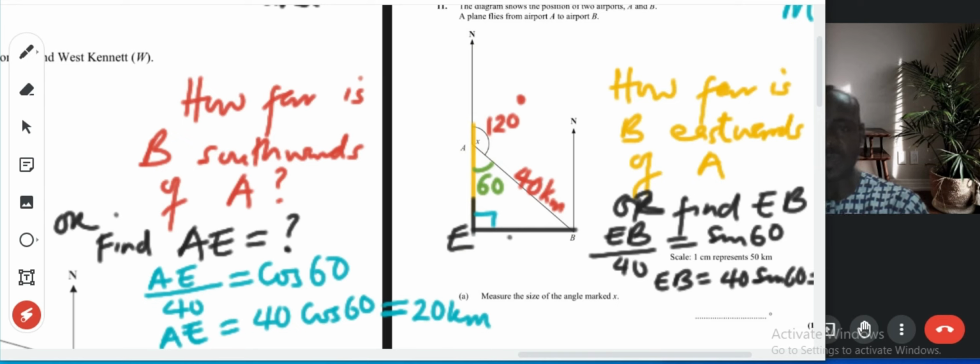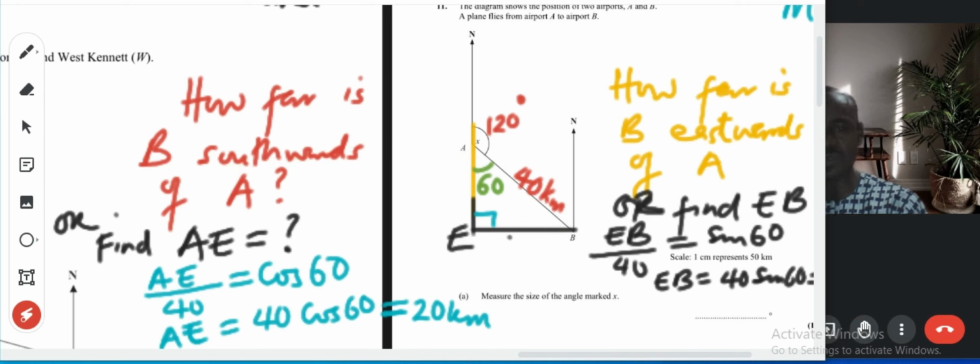Okay, now assuming the distance from airport A to airport B is 40 kilometers. That's line AB is 40 kilometers. And you are asked to find how far B is south of A. How far is B southwards of A?